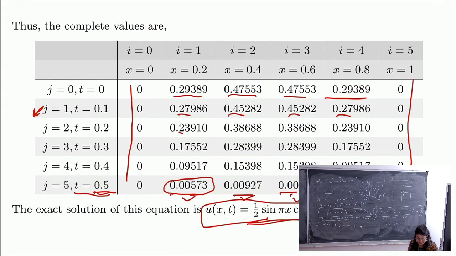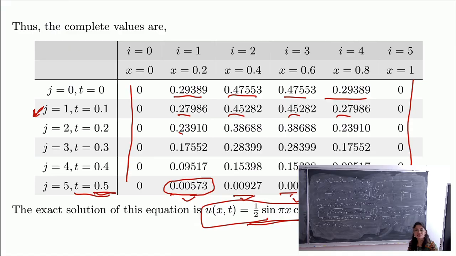Okay, so this is all about elliptic equations. In this morning session, we have done elliptic equations with 5 methods, non-iterative and iterative. We have done 5-point formulas, one standard and one diagonal formula. Others are the iteration formulas: the Jacobi formula, the Gauss-Seidel formula and the successive over relaxation formula.